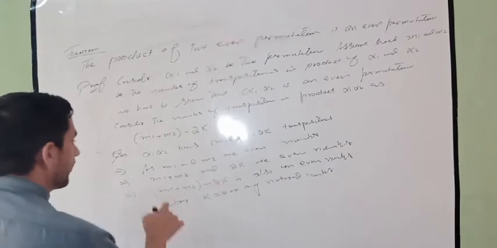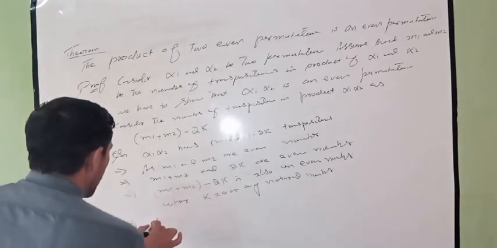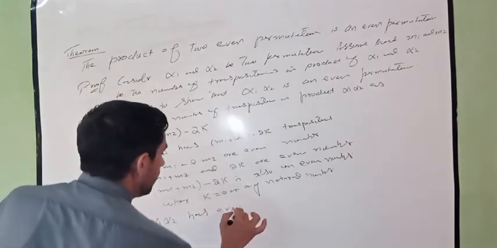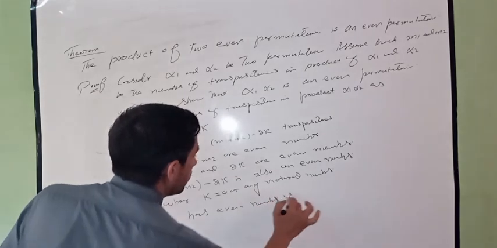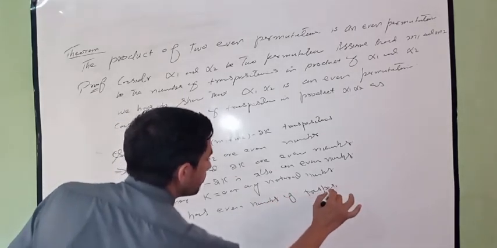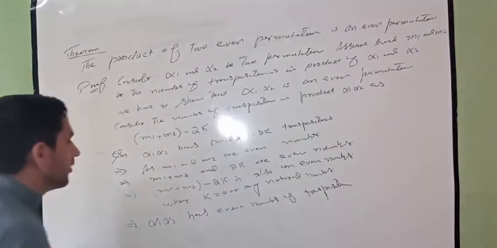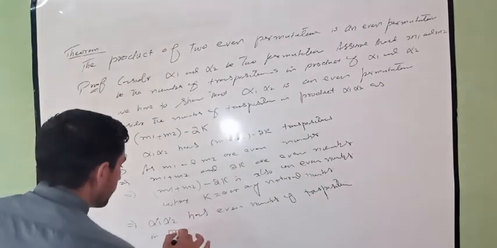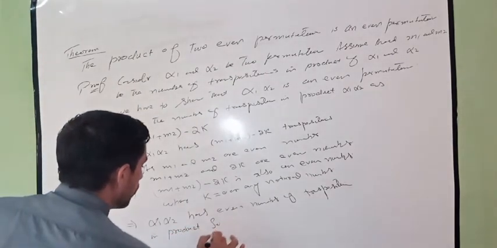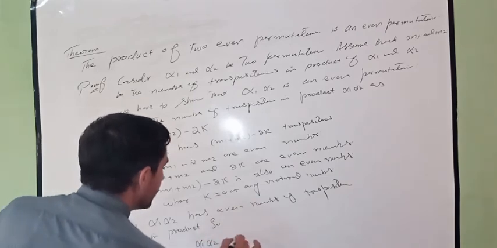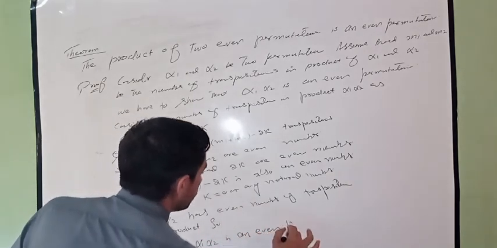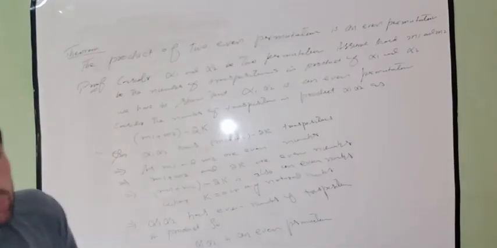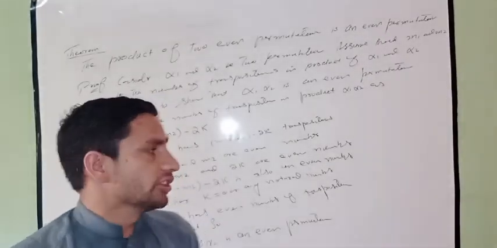Therefore alpha 1 product alpha 2 has an even number of transpositions in the product. So alpha 1 product alpha 2 is an even permutation. Therefore we can say that the product of two even permutations is an even permutation.